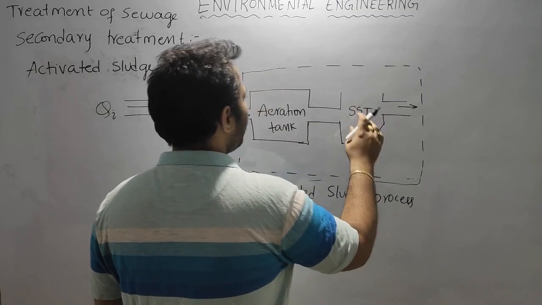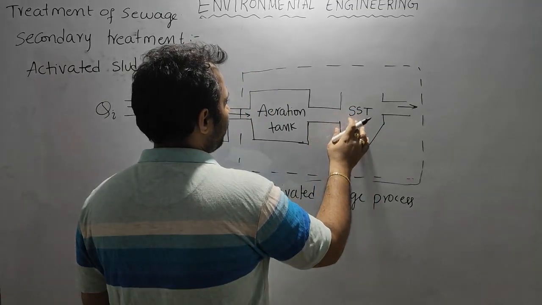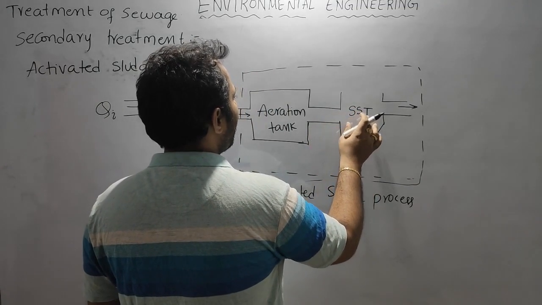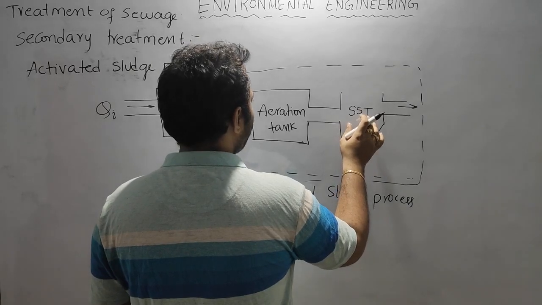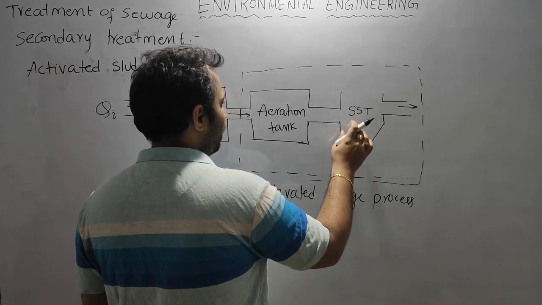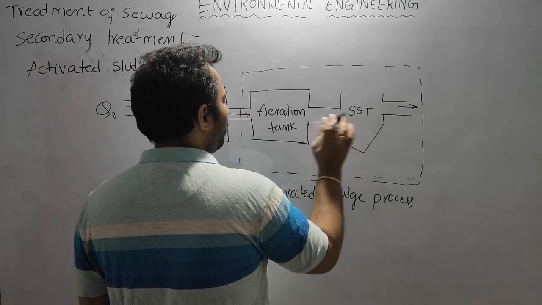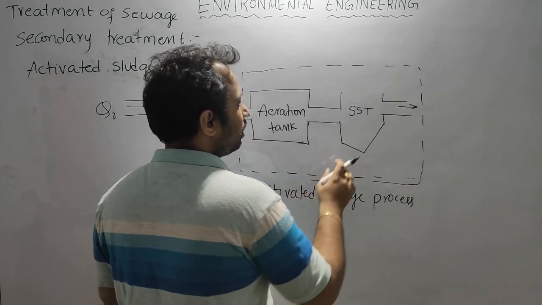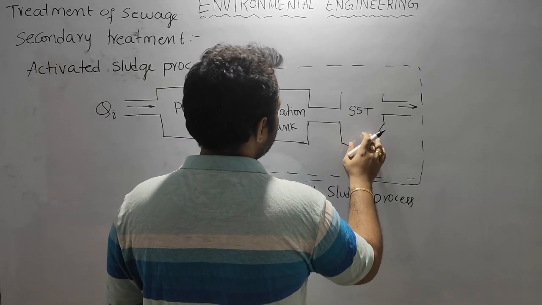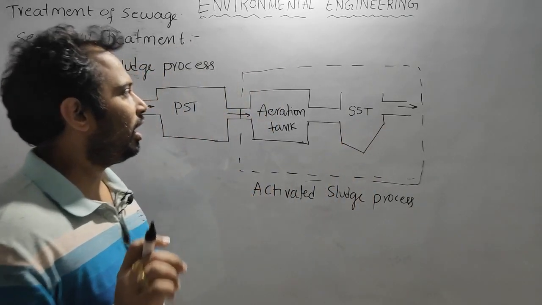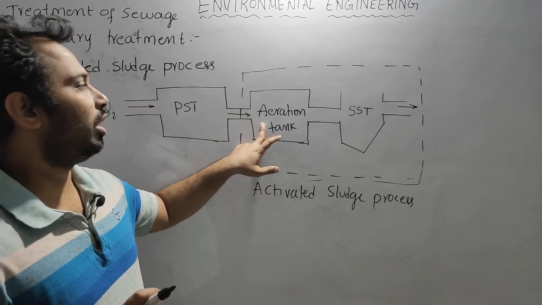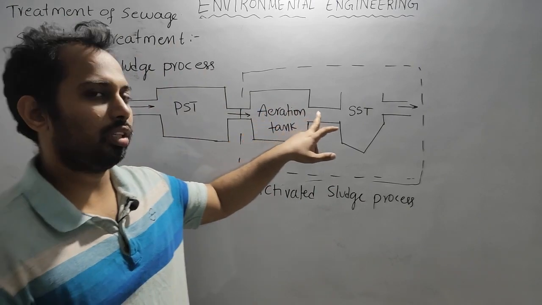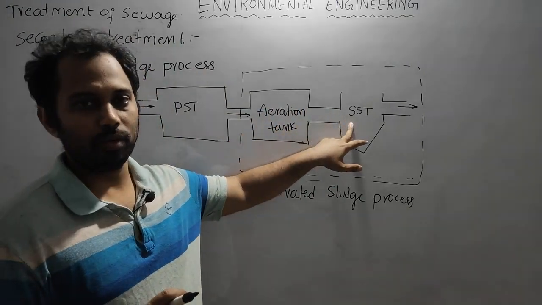Whenever the effluent enters the secondary sedimentation tank, we allow some time so that the organic matter settles down in the sedimentation tank. I told you already many times, we treat carbonaceous organic matter here, and we leave the nitrogenous organic matter out of the system everywhere.